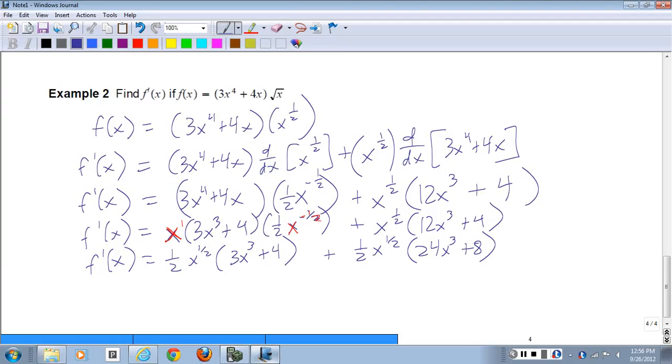Basically it's this 1/2 times 2 times 12x cubed plus 4, where the 1/2 is red and the 2 is red.